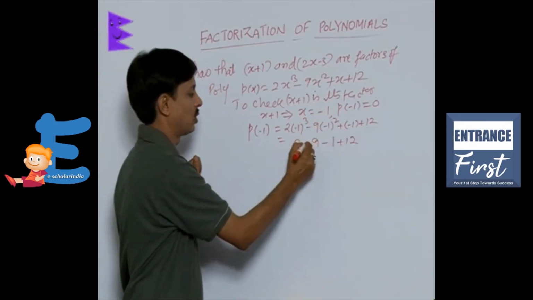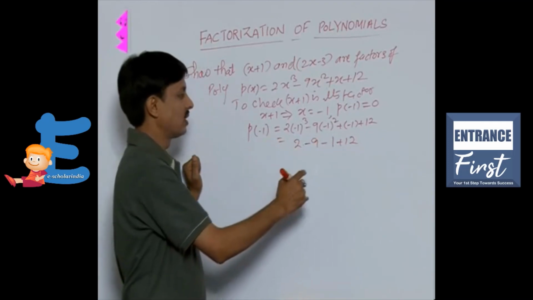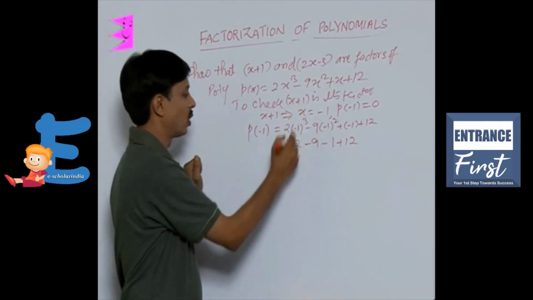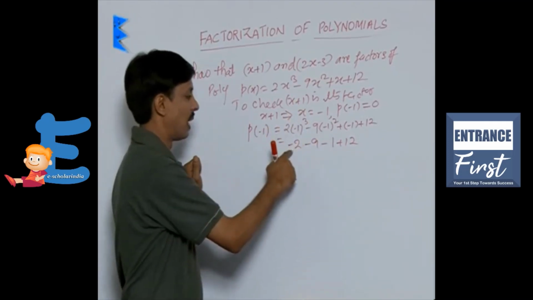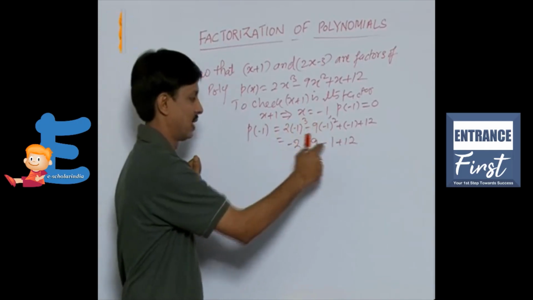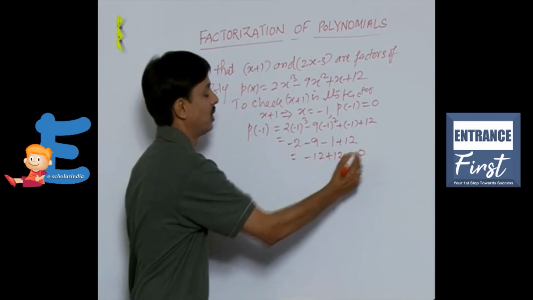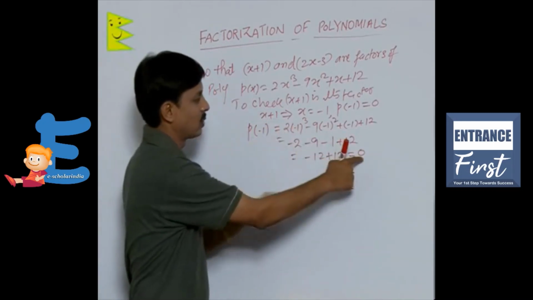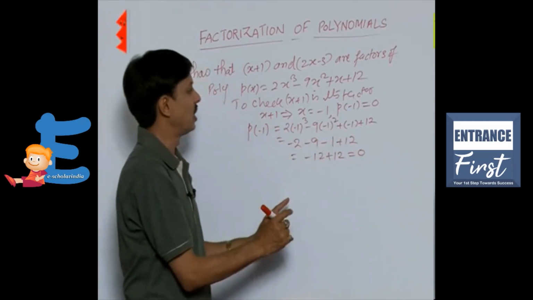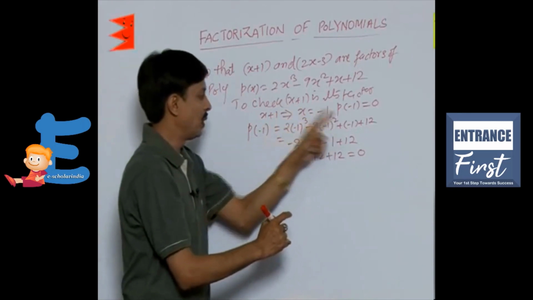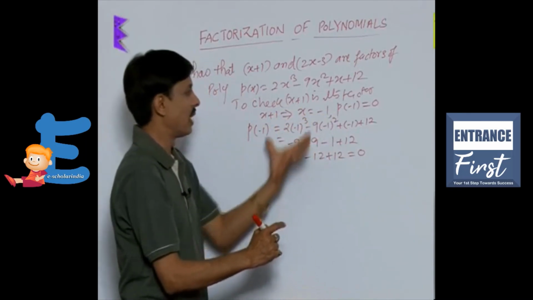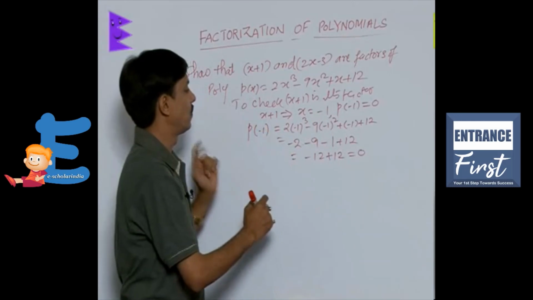Minus 1 square is plus, so this is minus 9. Minus 1 whole cube will be minus 2. Minus 2, minus 9, minus 1. This becomes minus 12 plus 12, result is 0. So p of minus 1 is coming 0. We can say yes, p of minus 1 is 0, meaning x plus 1 is its factor.